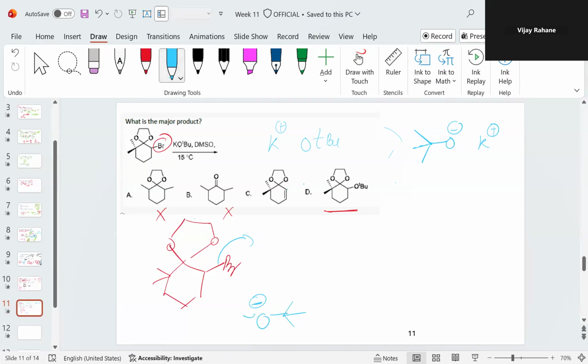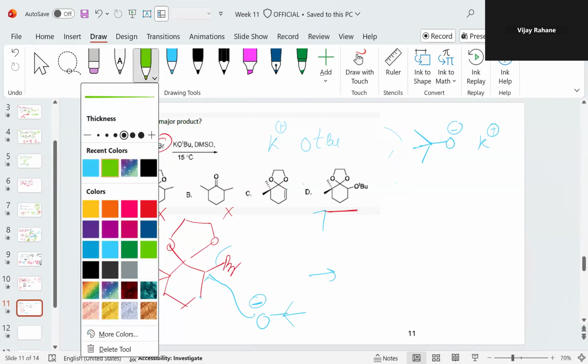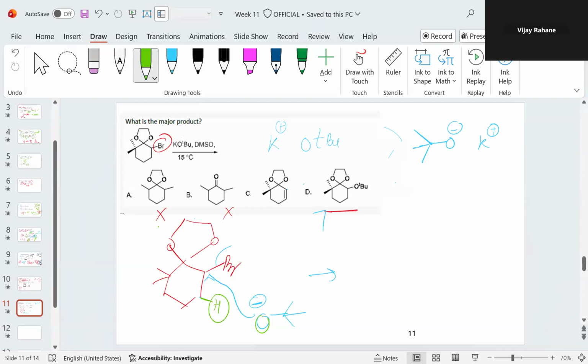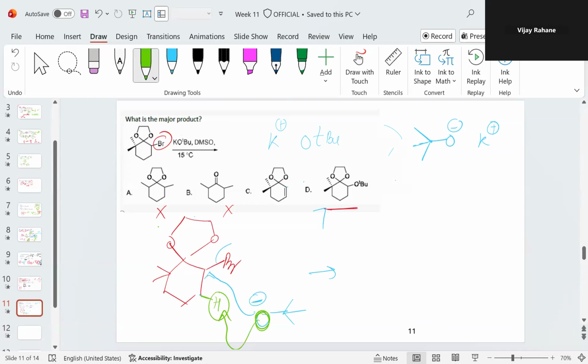So one can simply do the substitution reaction here and get this product. The other possibility is that since this tert-butyl group is quite bulky, it can abstract the proton present here. So this base abstracts this proton, and this elimination reaction occurs. So we get this elimination product like this. So these are the two possibilities.